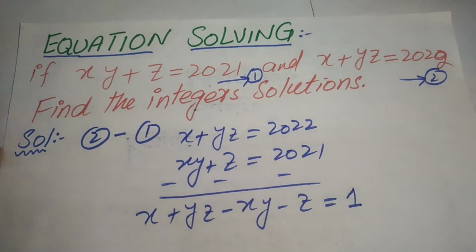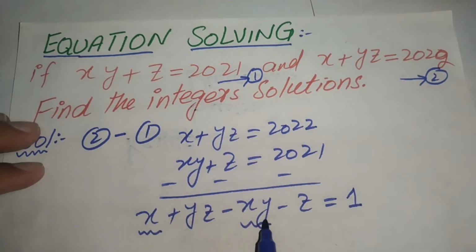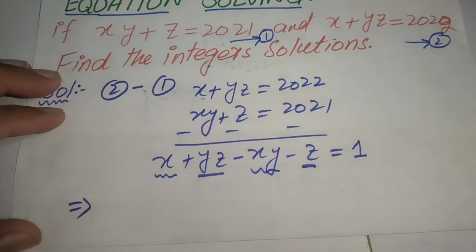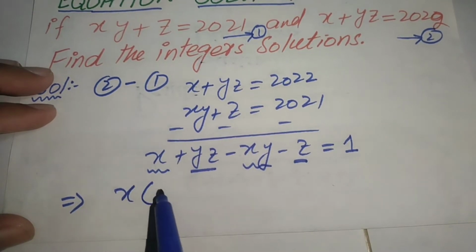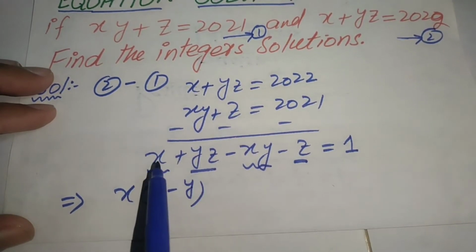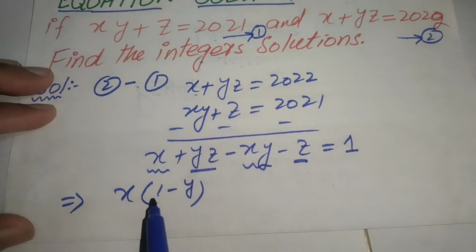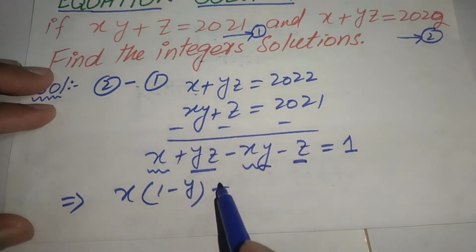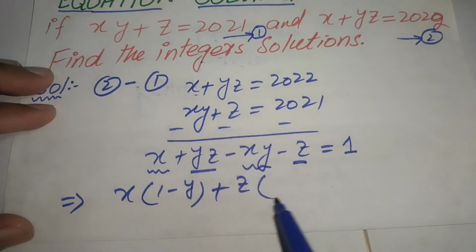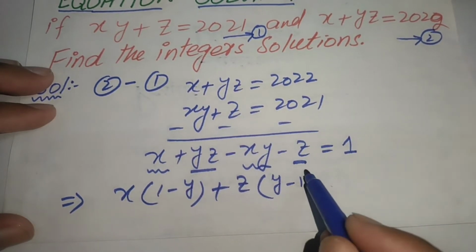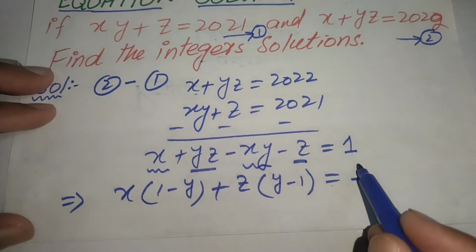After that we take common x from two terms and common z from the other two terms. When we take common x from these two terms we get x into 1 minus y, and plus when we take common z from these two terms we get z into y minus 1 is equal to 1.